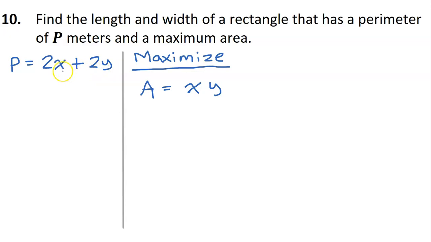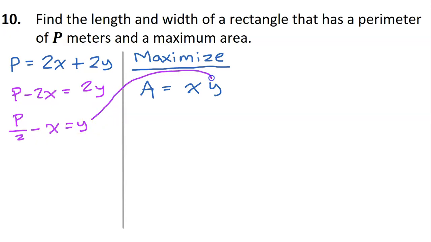So subtracting 2x from both sides, I have p minus 2x is equal to 2y. Dividing both sides by 2, we get p over 2 minus x equals y. It's time to substitute this expression for y over here. So I now have the area is equal to x times p over 2 minus x.